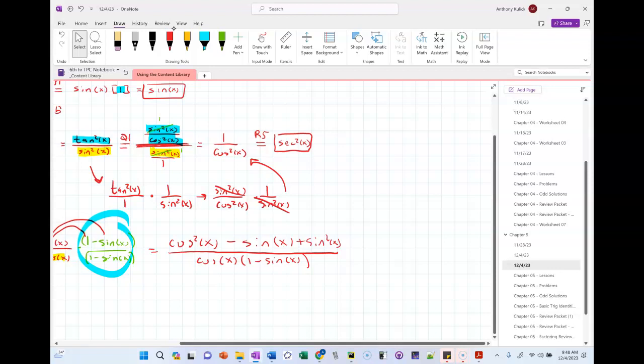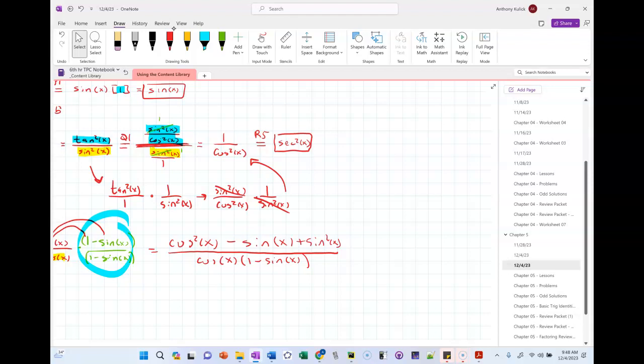Cosine squared x minus sine x plus sine squared x all over cosine x times 1 minus sine x. What can we do here? You factor cosine x from the top and the bottom.